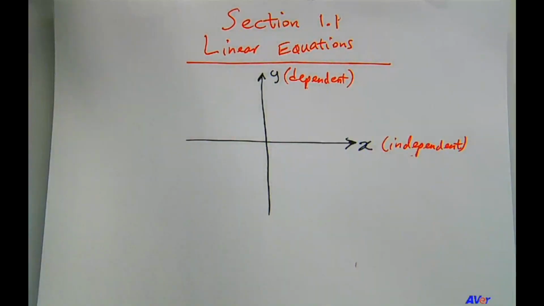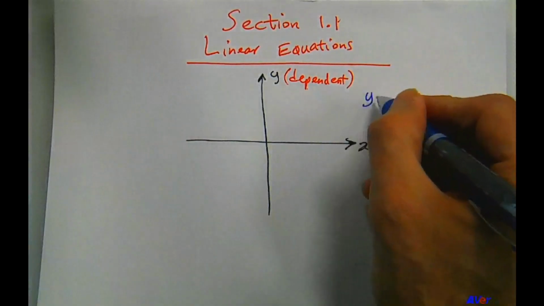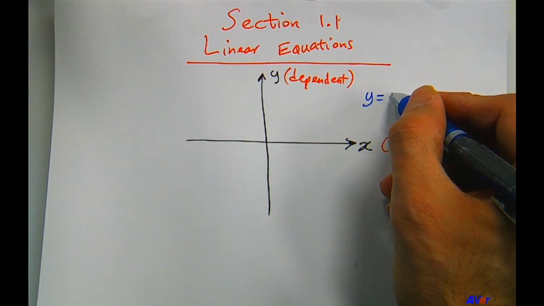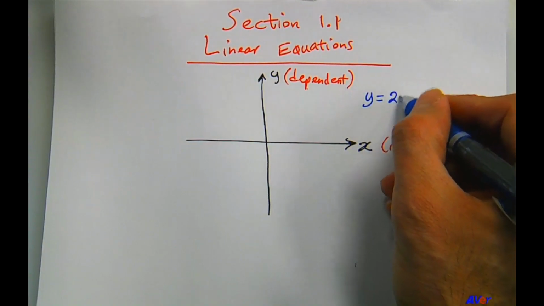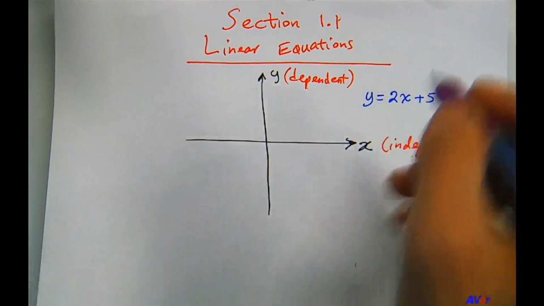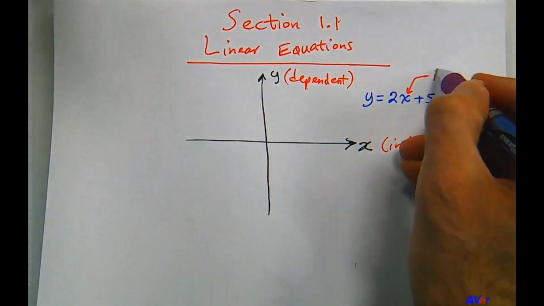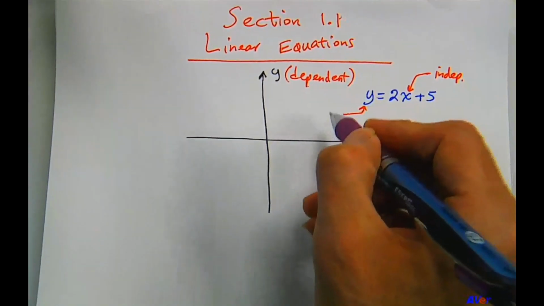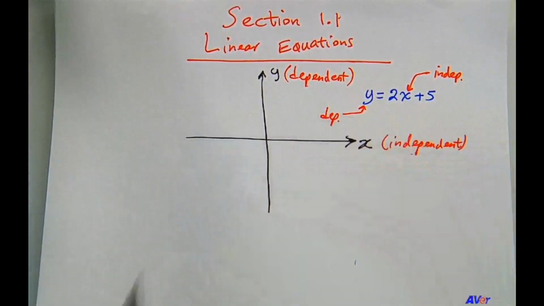Since I mentioned it, let me quickly write down this equation. You've seen this equation many, many times. y equals, say, 2x plus 5. In this context, x is the independent variable, and y is the dependent variable.